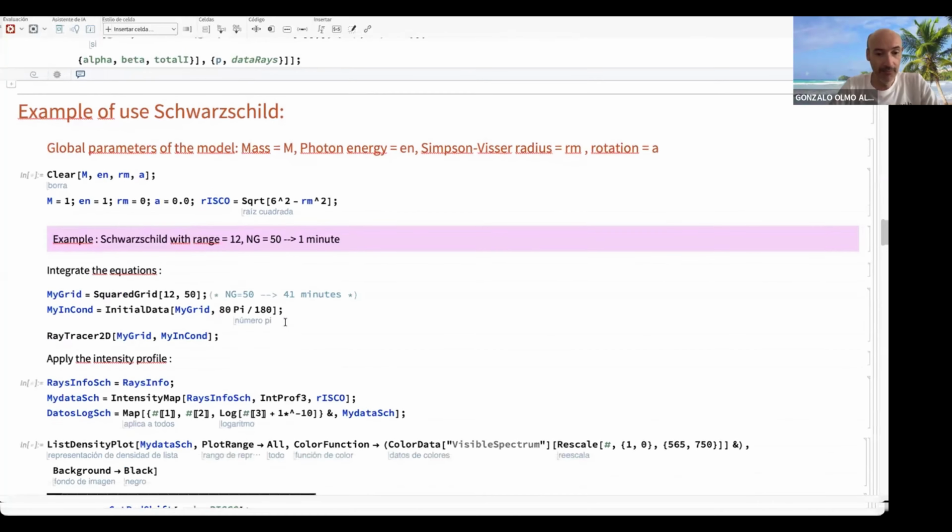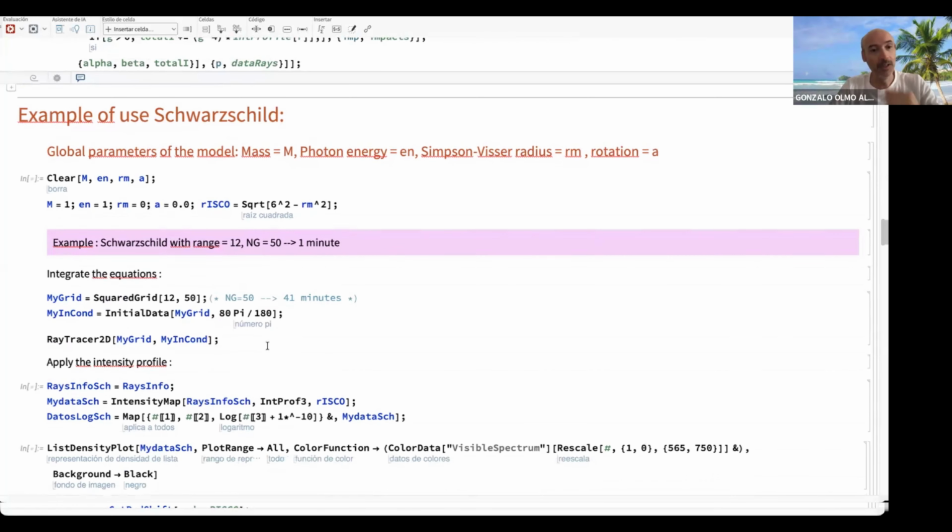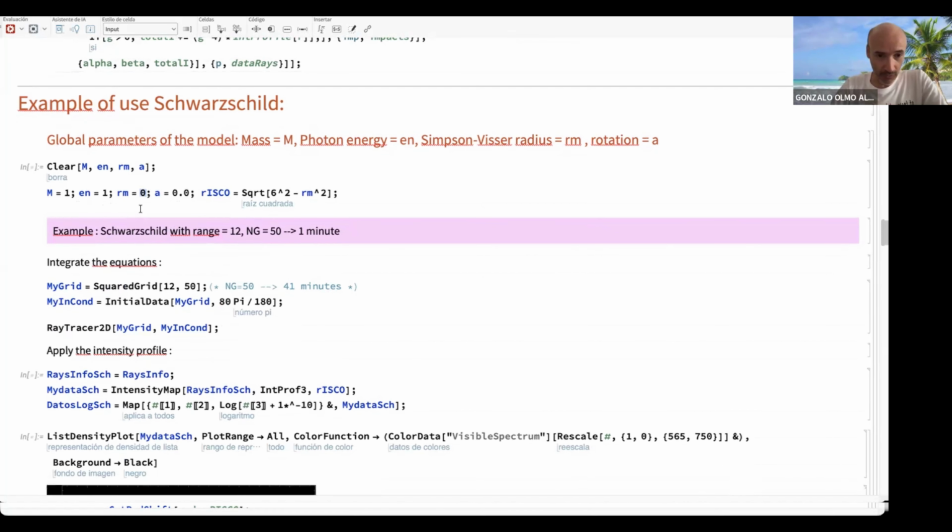As an example, which is below, I'm going to consider this case, a Schwarzschild black hole. So it's not a black bounce because the parameter of the black bounce is 0. It is non-rotating. We set the mass of the black hole to unity and the energy of photons to unity, the standard parameterization.